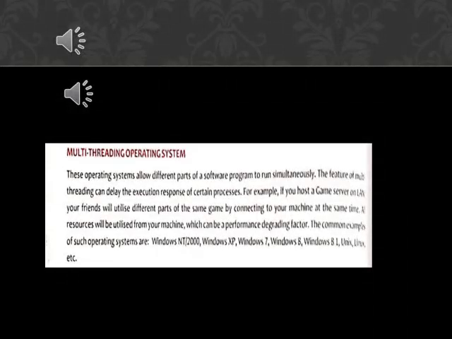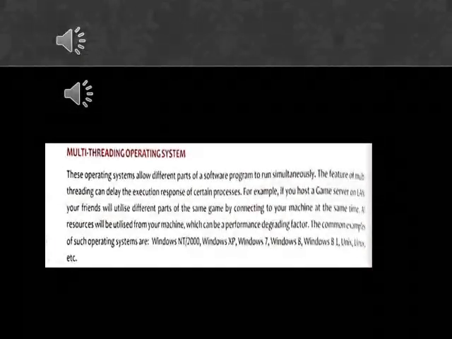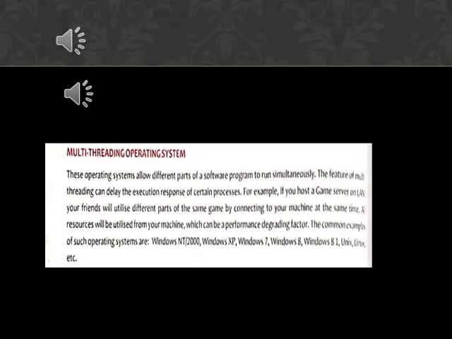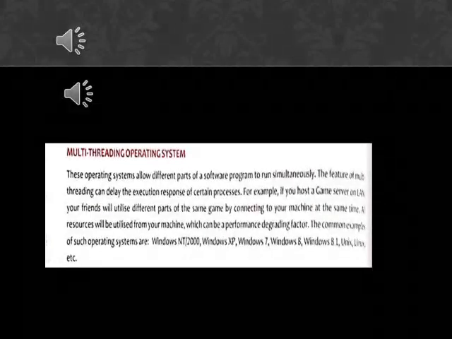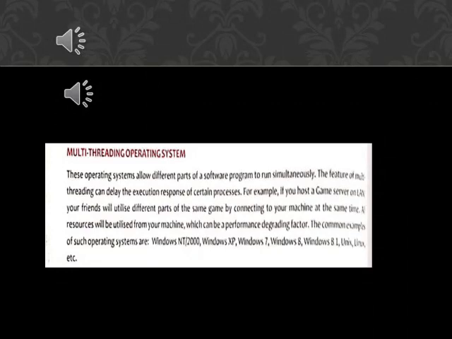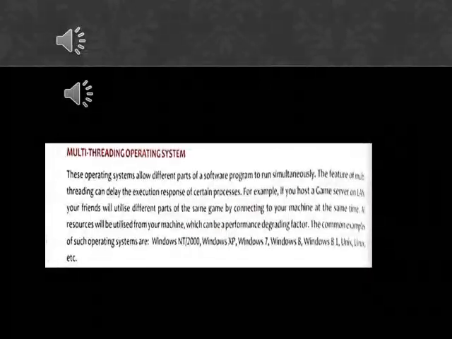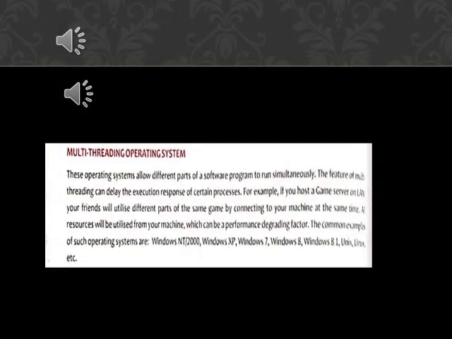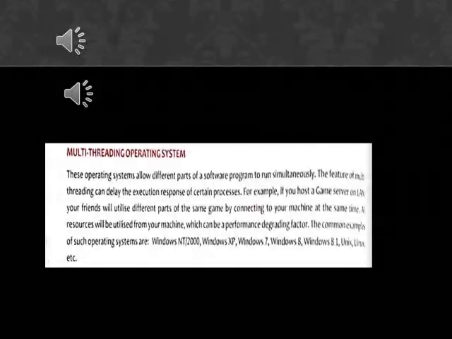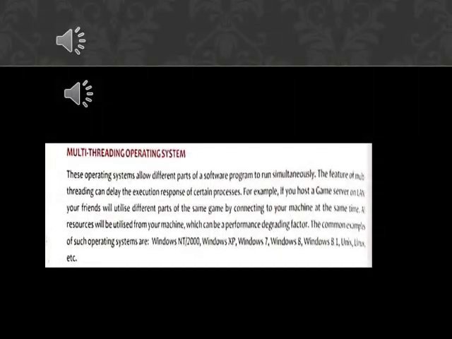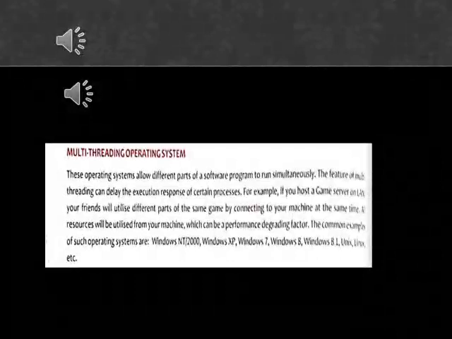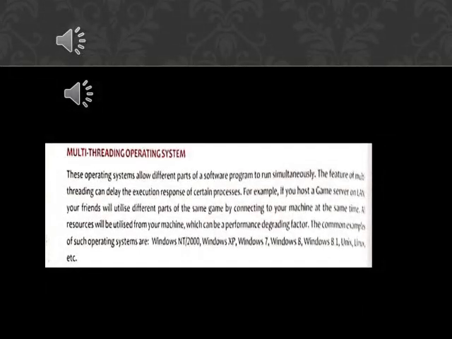So we see here that at this particular time three threads are running simultaneously for a single process, that is the VLC player. So in a single process we use multiple functionality, and to do so we create multiple threads to work.